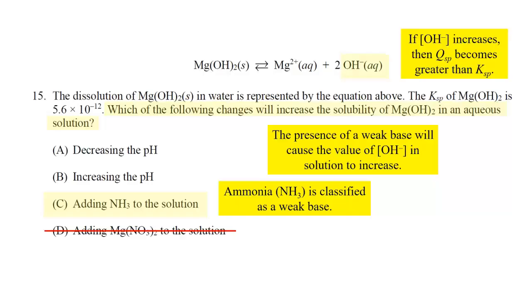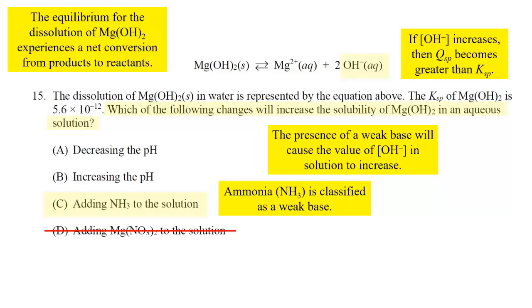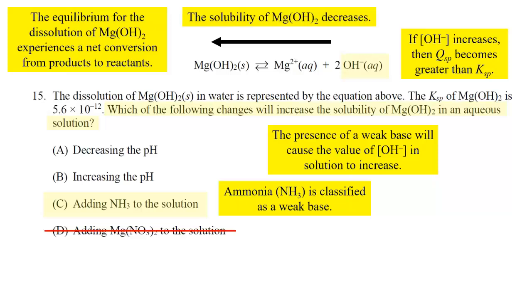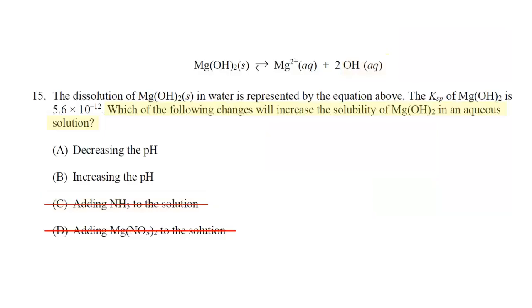And if that happens, then QSP becomes greater than KSP. Same situation as in choice D. There would be a net conversion from right to left, from products to reactants, again decreasing the solubility of magnesium hydroxide. So we can eliminate choice C.